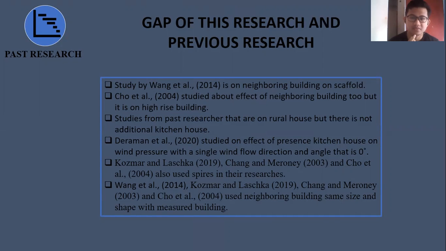Wang et al., Kozma and Laska, Chang and Emerone, and Choi et al. used neighboring buildings of the same size and shape as the main building, but this study uses neighboring buildings that are smaller than the main building, smaller in size.